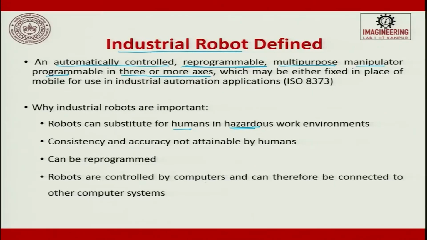Robos are controlled by computers and can therefore be connected to other computer systems such that the data can be transferred quickly. From on the go communication can happen from one computer to another computer, and this can work. So, this makes industrial robo very important member in computer integrated manufacturing.